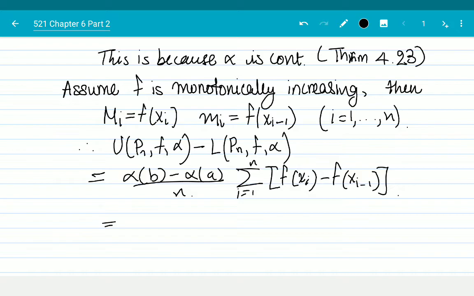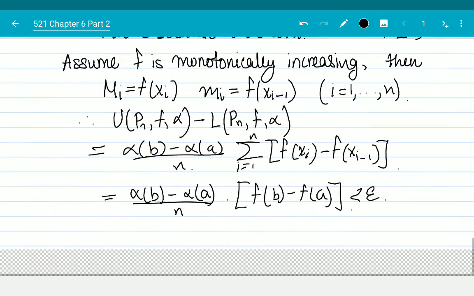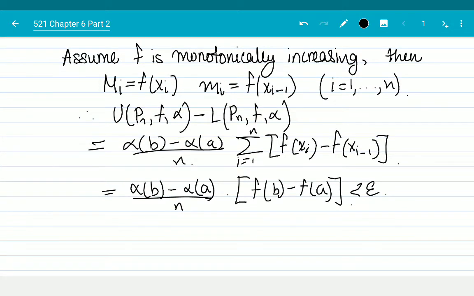Well, all of these are going to cancel, so I get (alpha b minus alpha a) over n multiplied by (f of b minus f of a). Now n is not fixed; given any epsilon, alpha b minus alpha a is fixed and f of b minus f of a is fixed.